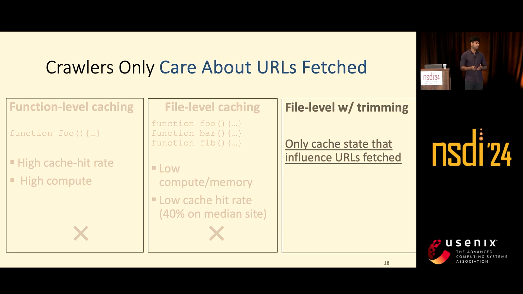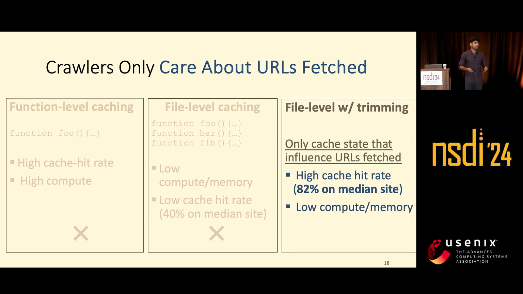I'll refer you to the paper if you're interested in more details. But the good thing with this approach was that we were able to combine the best of both the earlier levels of caching. So we got high reusability and a high cache hit rate, almost twice what you would have gotten with a purely file-level approach, and we also minimize the cache management overhead. Great. Let's move on to the next challenge.